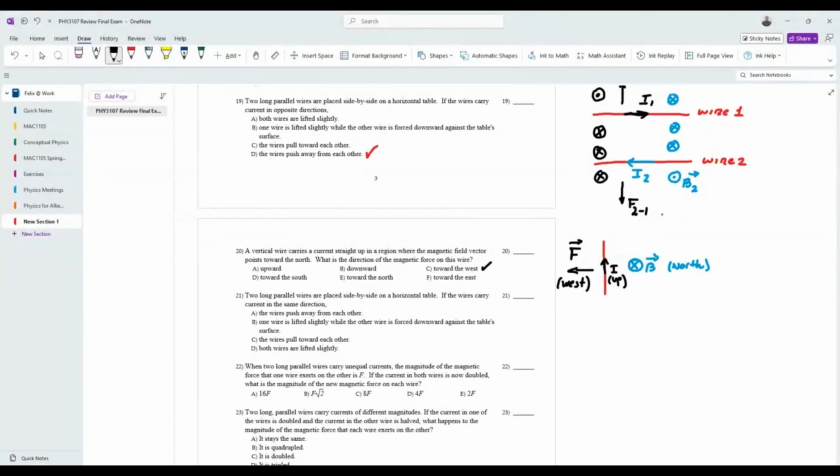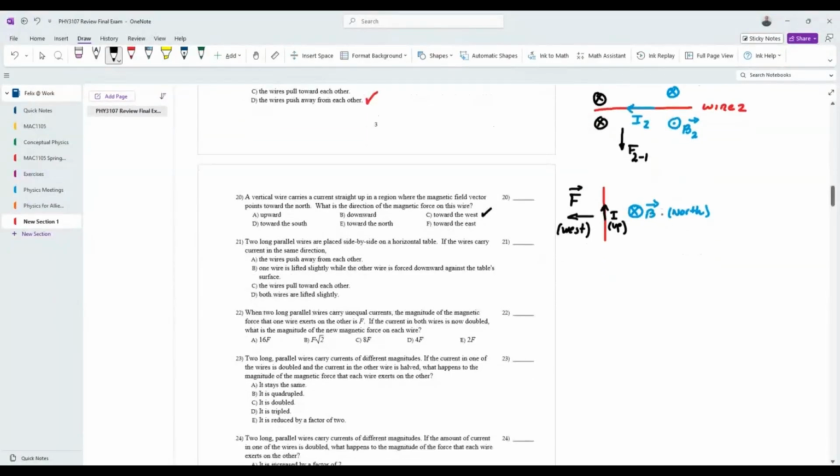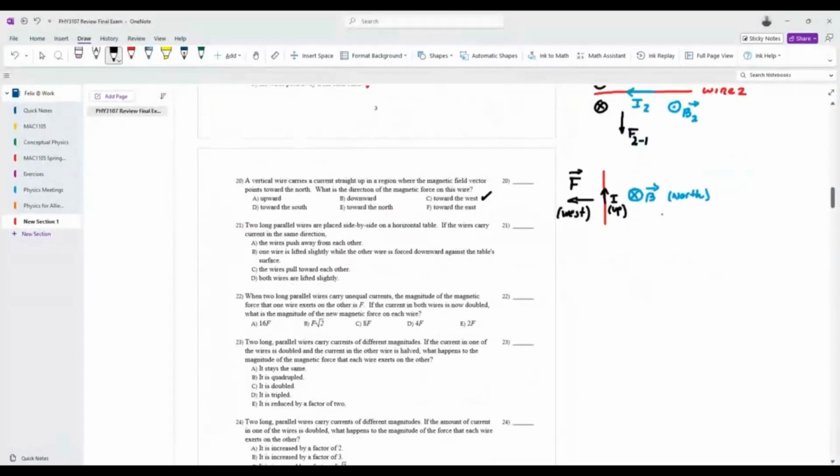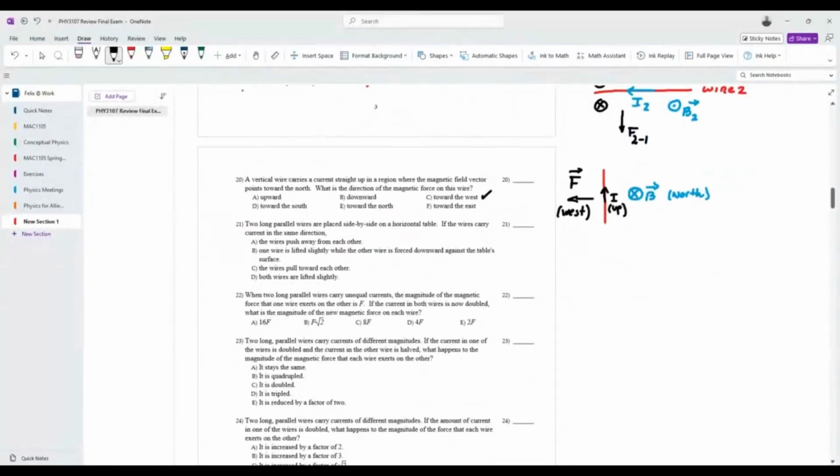Question 21 is just similar to question 19, but in this case, the currents are in the same direction. So let's analyze then this question 21. We have the two currents, so the two wires with currents in the same direction.